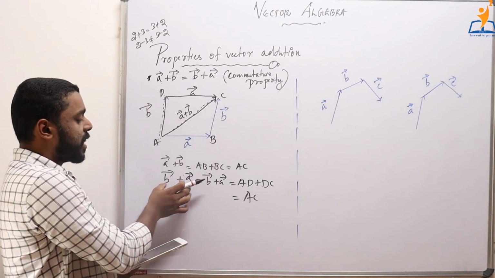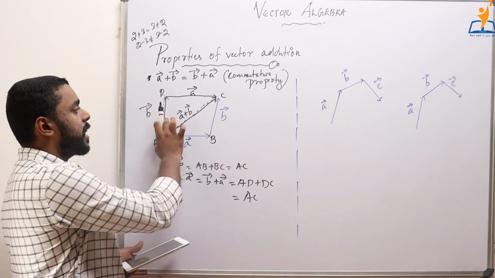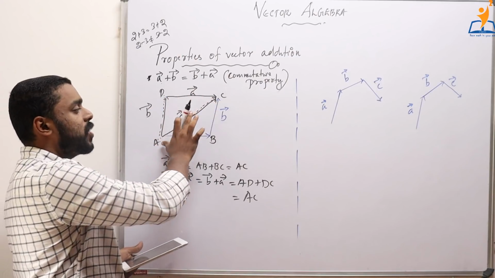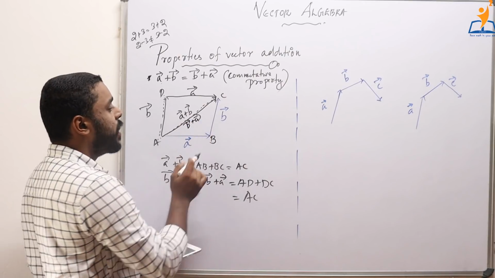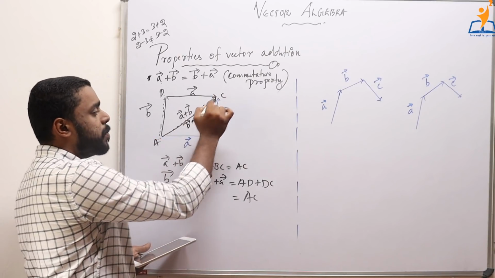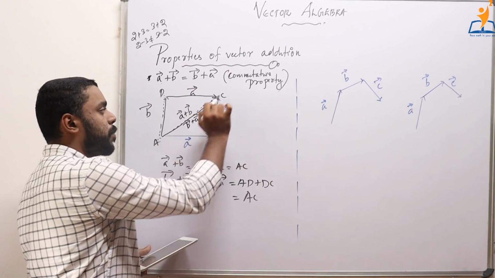So vector B plus vector A is also this same straight line, that is B plus A. So we can say that vector A plus B is equal to vector B plus A, which is nothing but AC.